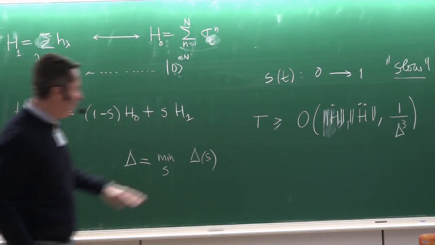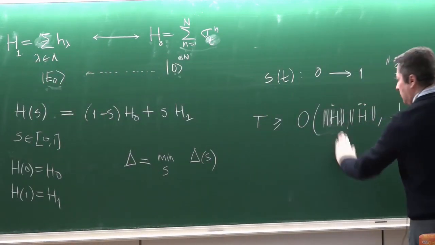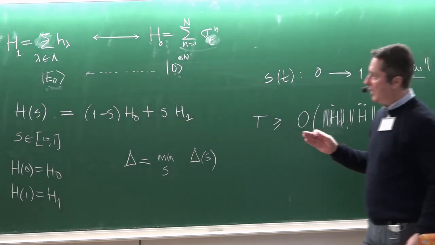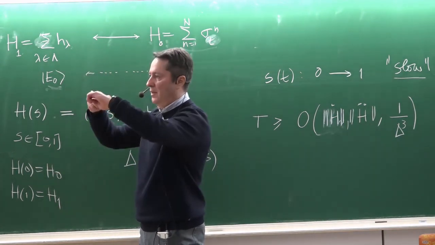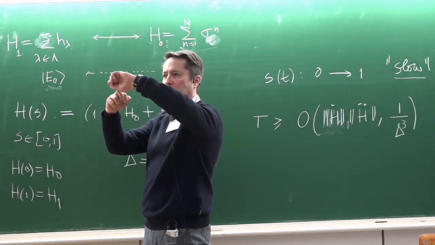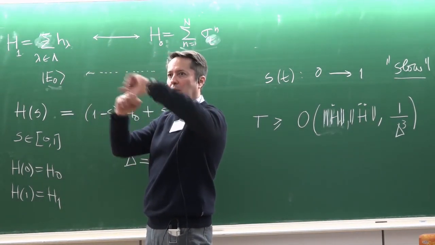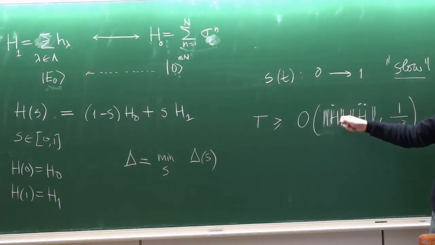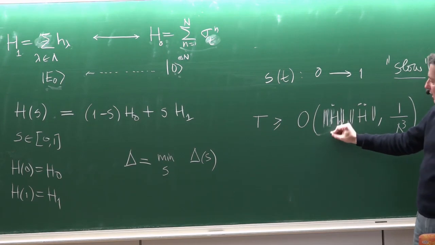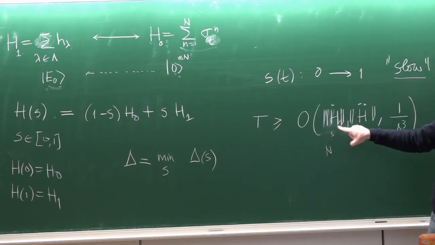Okay, so that's the important formula. It tells us that as long as you find a path such that there is no crossing between the ground state and the first excited state, that there is a gap, then the time it will take depends on something. But the important thing is that this scales like n, because this is the norm of the Hamiltonian, and the Hamiltonian has n terms.